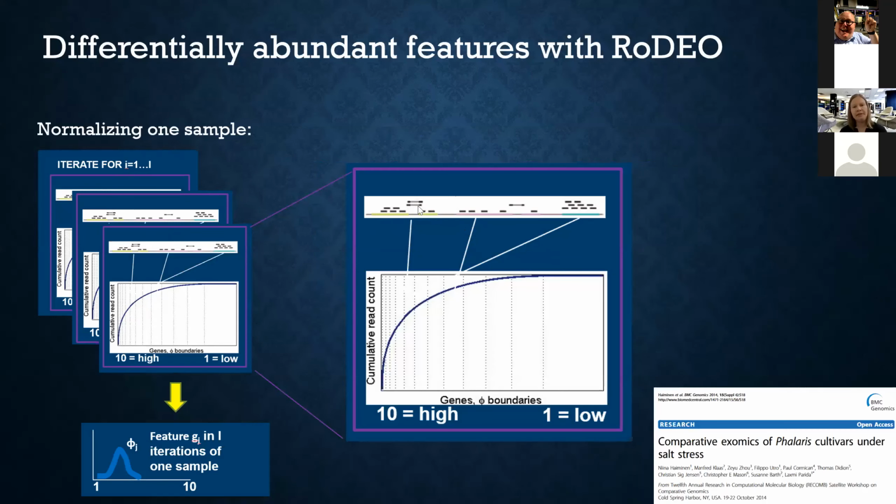If each is a cluster, let's say a microbe, we have a certain number of reads out of the total counts, and we use that as the probability of that organism or that function receiving a read. We reassign the reads and reorder the microbes or the functions based on these new counts, and we repeat this many times, and then we get a distribution for all the features. So we can do this for each sample to get a distribution for each feature in each sample.